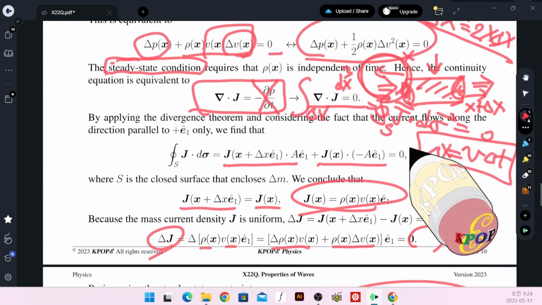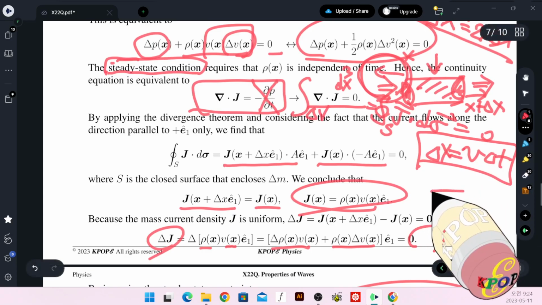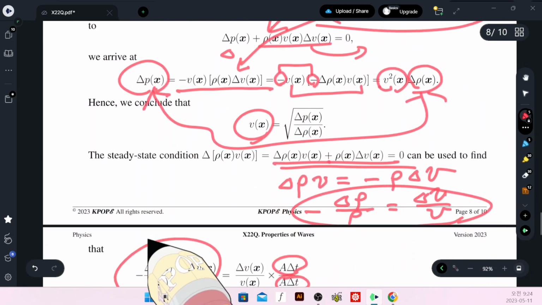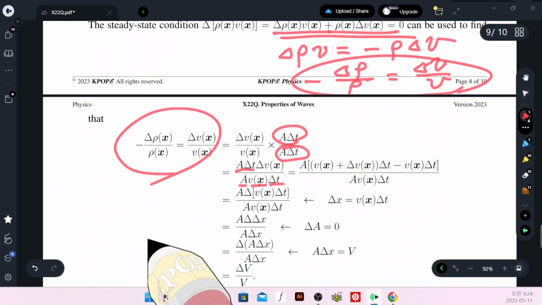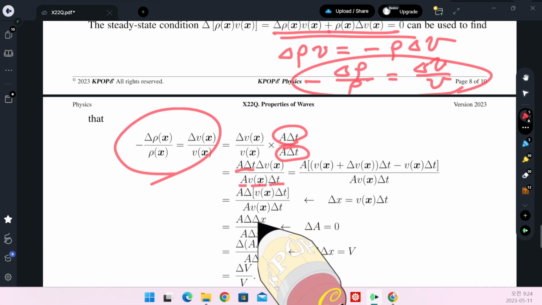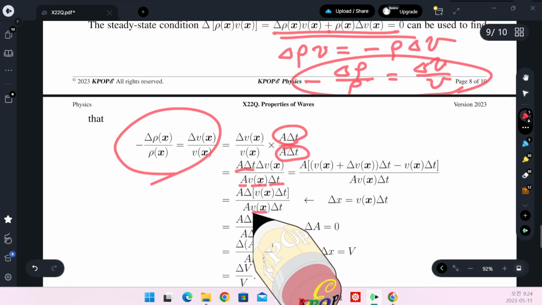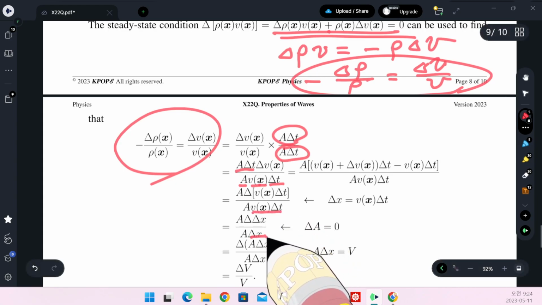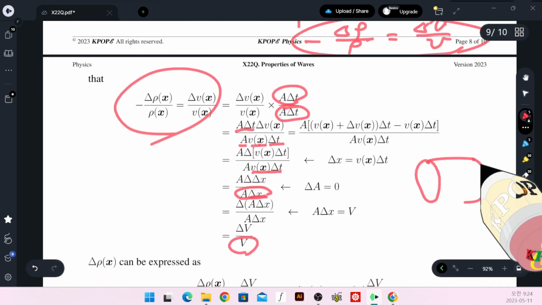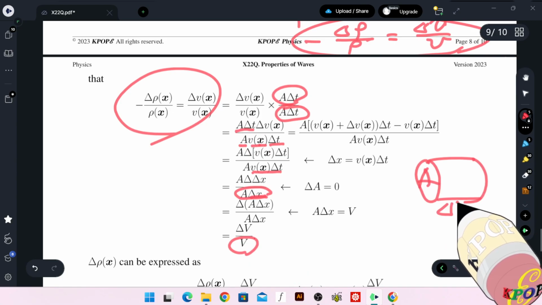That means the speed of transmitting this information. As a result, this one can be replaced with the width delta x, A delta x. What's that? A delta x. That is a volume. Cross-sectional area and delta x, a volume.